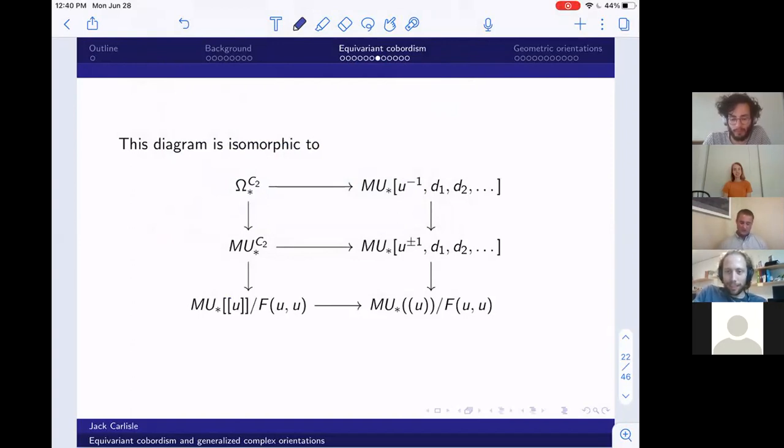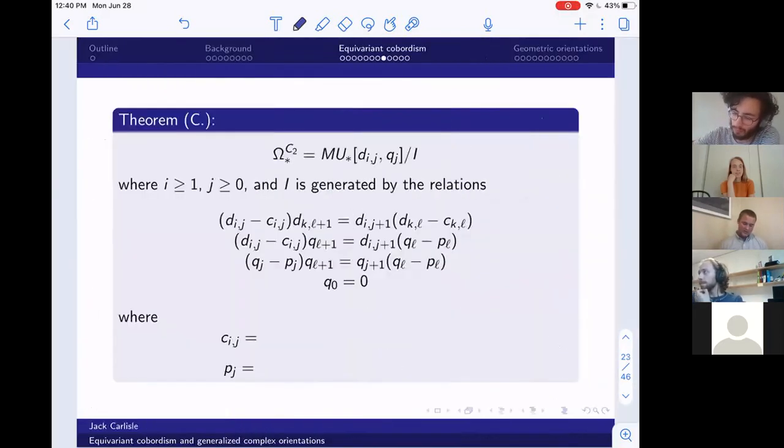On this bottom row, we have power series rings modulo some power series. And on this vertical right-hand side, we have polynomial rings, or rather Laurent polynomial rings. I'm going to have to skip a lot of steps because this is a very complicated calculation. But the point is that we can use this diagram right here to write down an explicit presentation of the geometric cobordism ring of C2 manifolds.